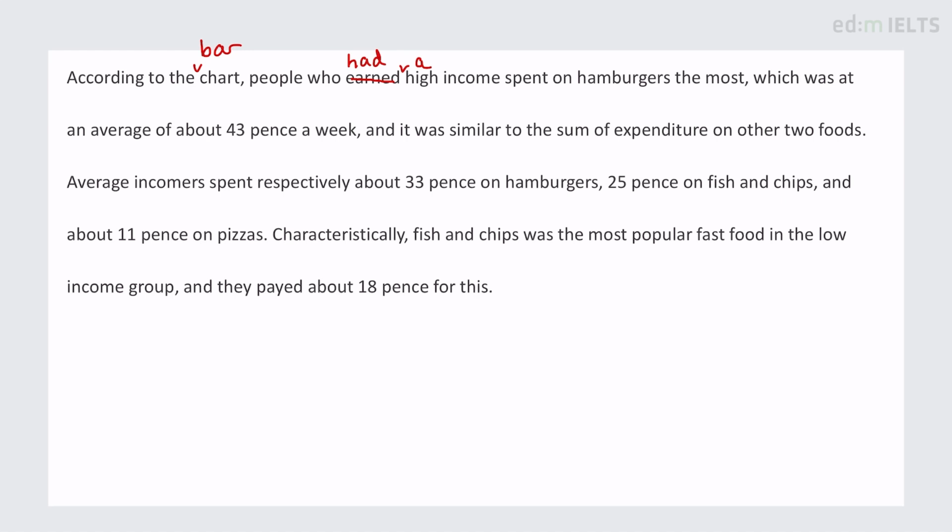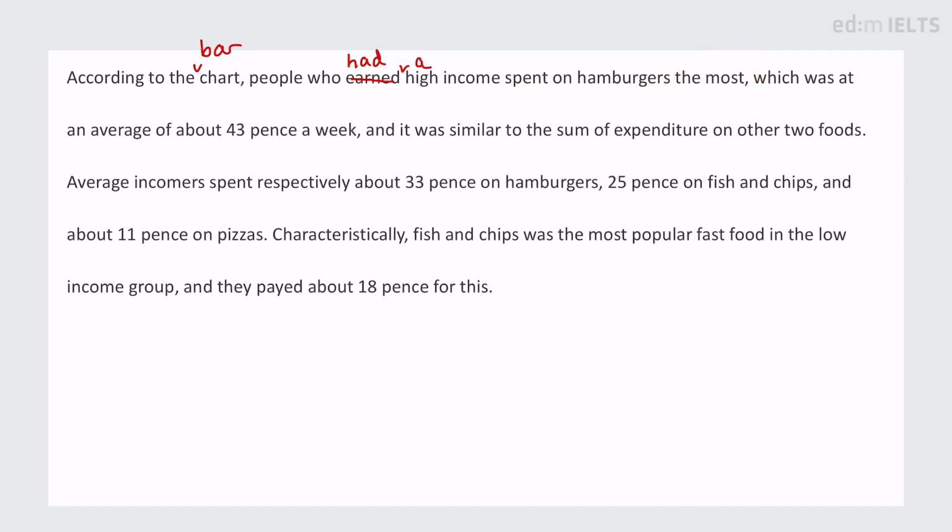So more natural, I think. Who had a high income, spent on hamburgers the most. See, this is a bit confusing, because if you say spent on hamburgers the most with the most at the end, it kind of sounds like the most frequently, like the most often, rather than spent the most money.